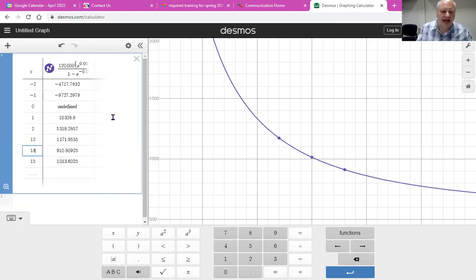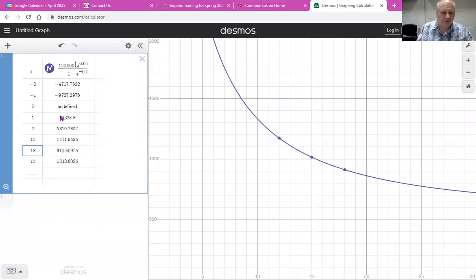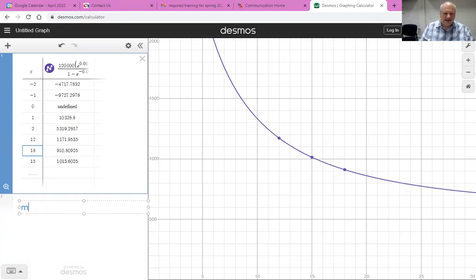I'm going to write right now here with those points. Remember that the slope is going to be the change in y, which in this case from 15 to 18 is 1013.60925 minus 910.80925.